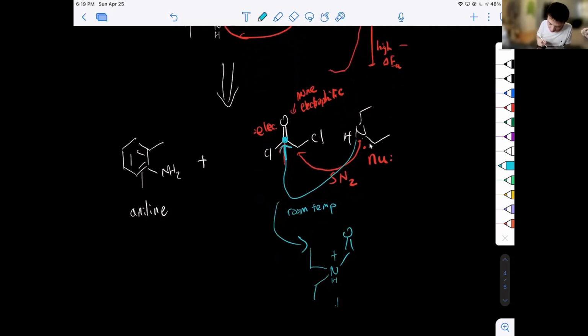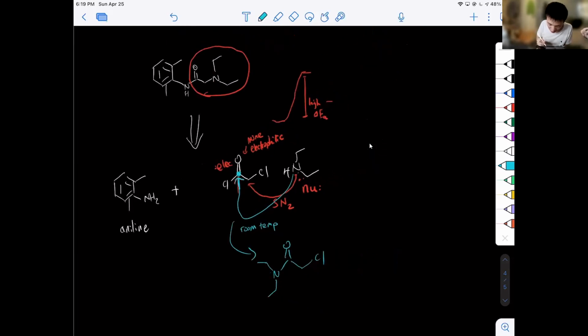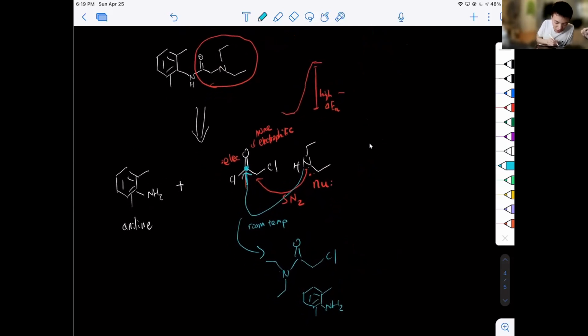And by treating it with maybe sodium hydroxide, it will remove the hydrogen. But regardless, if we do that, we will have this, which is way different than the molecule we want on the left-hand side, which is this aniline. And therefore, we proceeded the experiment by having aniline reacting with the acetyl chloride.